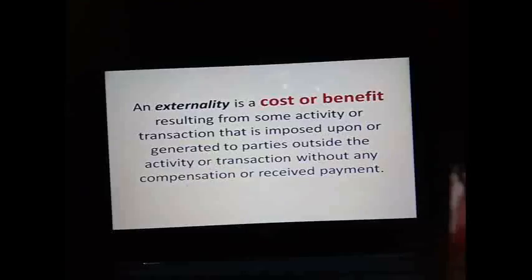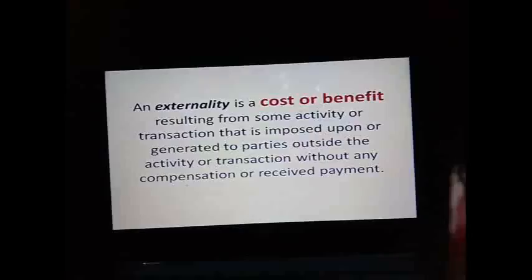So externalities are the values that are generated in our production and consumption process. An externality arises whenever the actions of one economic unit, which may be a producer, consumer, or government, make another economic agent worse or better off, yet the first agent neither bears the cost nor receives the benefits of doing so.